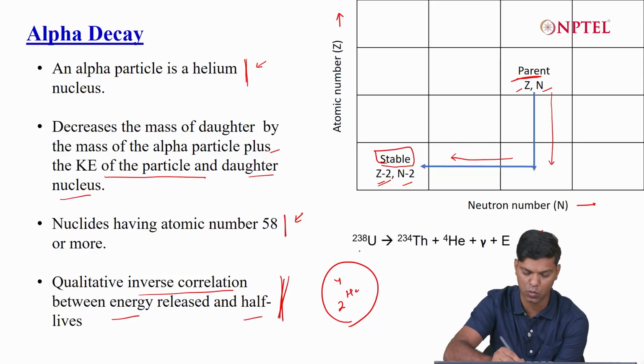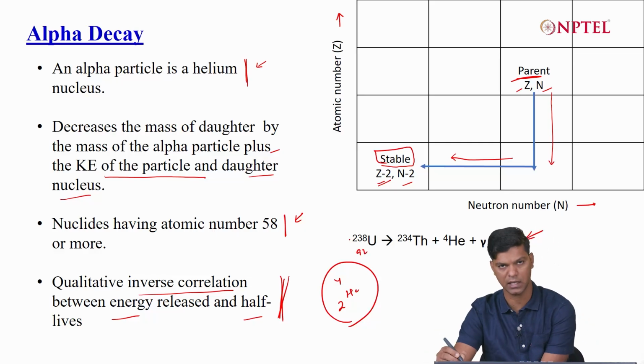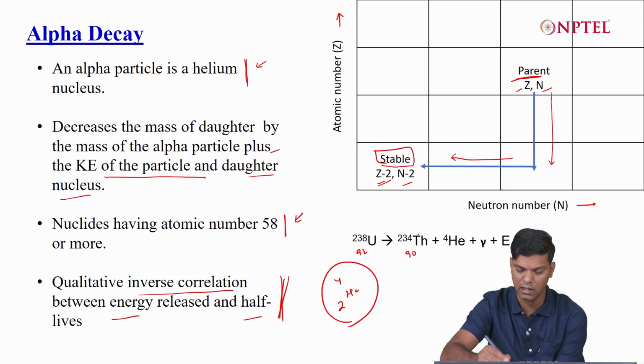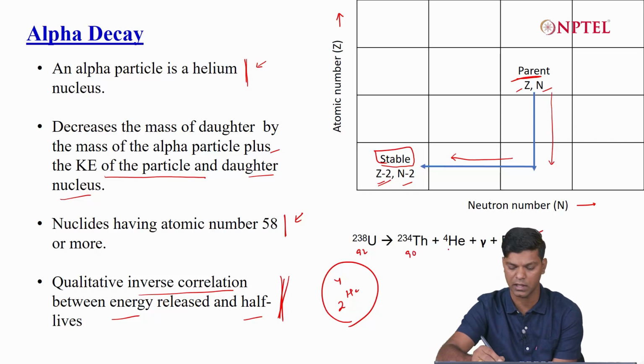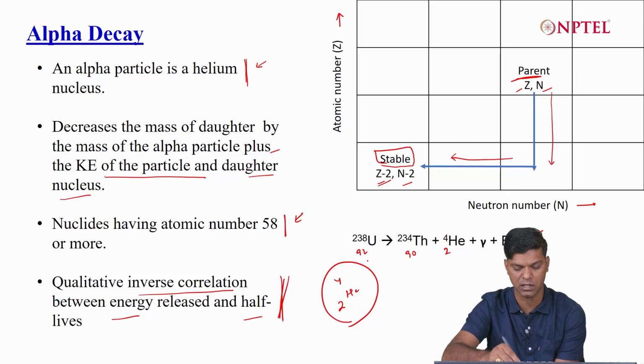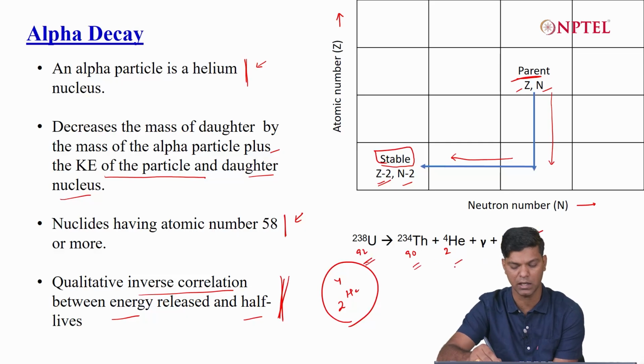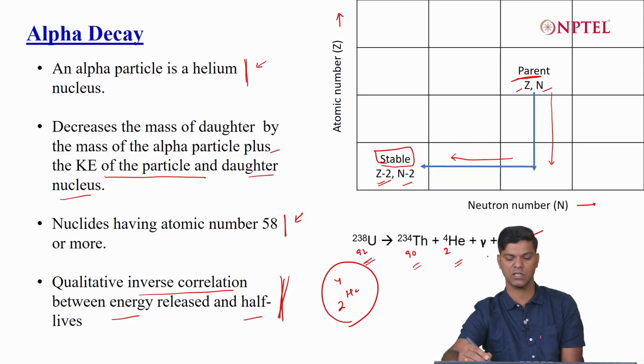Let us say 92 uranium 238 decays to 90 thorium 234, it releases an alpha particle, and because it does not directly reach the stable energy phase, it releases a gamma radiation and has a decay energy.